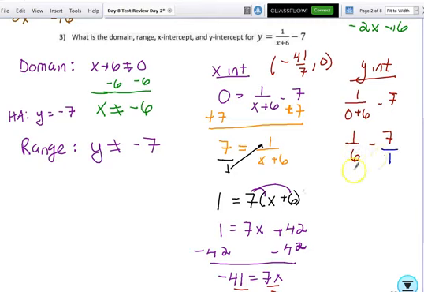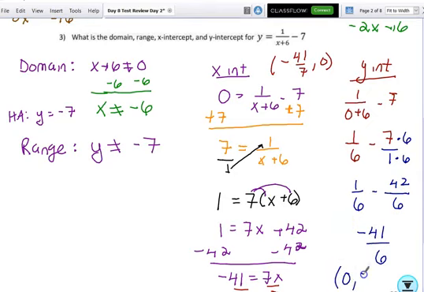So since this denominator is a 6, I'm going to make this denominator into a 6. But if I multiply to the denominator, I have to multiply to the numerator. 1 minus 42 is negative 41 over 6. So the y-intercept is 0, comma, negative 41 over 6.